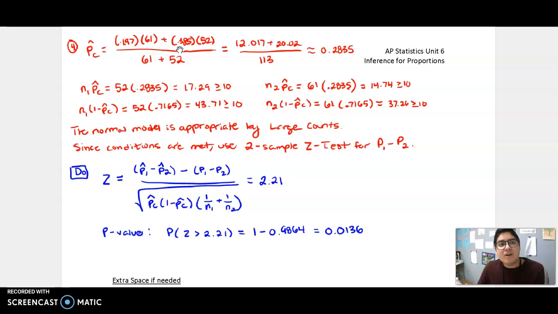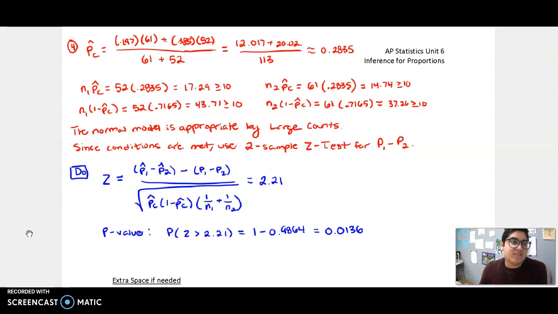And 38.5% of the 52 plants in 2017 are successful, and that'll be about 20 plants. So I changed them here to the integers, and I want you to include this step because when we put it in the calculators, I want you to see the successes over the total. So I do this, and I would get a pooled proportion of about 28.35%. That's going to be the pooled proportion.